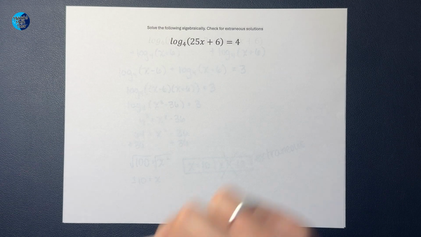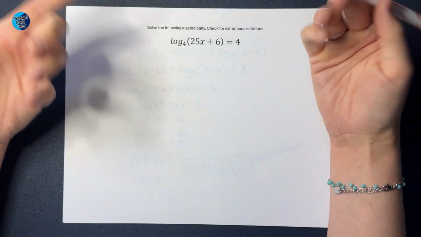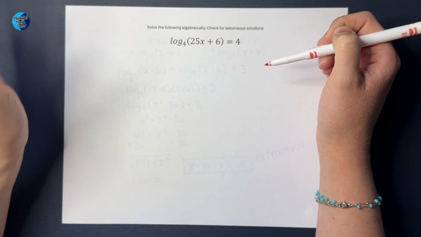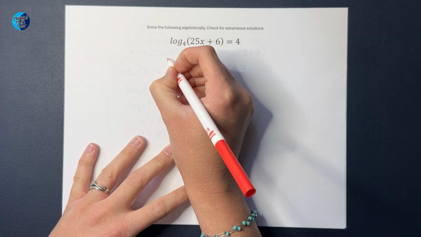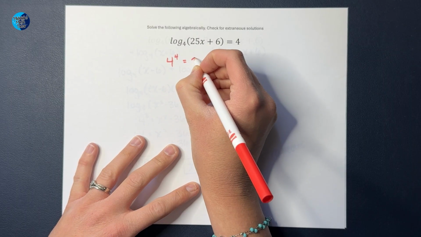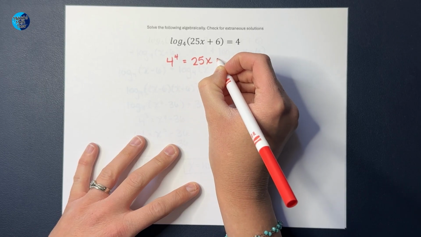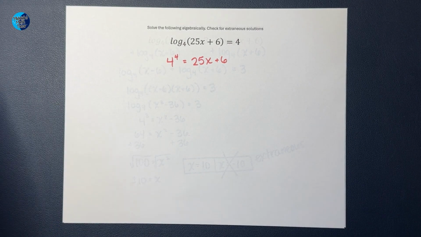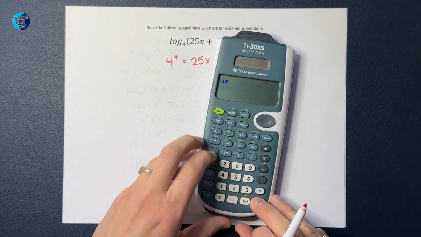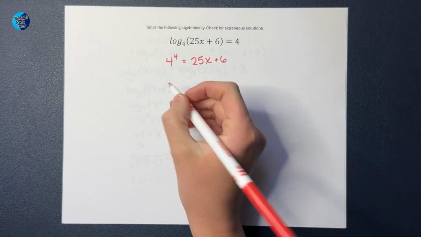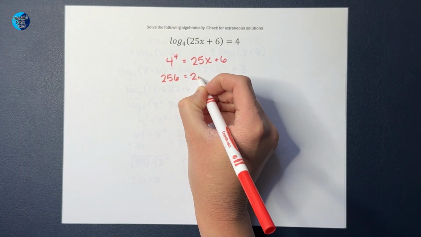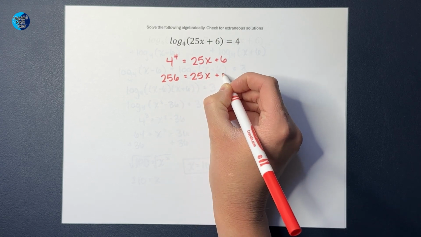Okay, on this one, we don't have anything happening besides the log, so I'm just going to take this straight from log form to exponential form. So we are going to have 4 to the 4th equals 25x plus 6. Now, if I want to know what 4 to the 4th is, let me find my calculator. 4 to the 4th, we get 256 equals 25x plus 6.